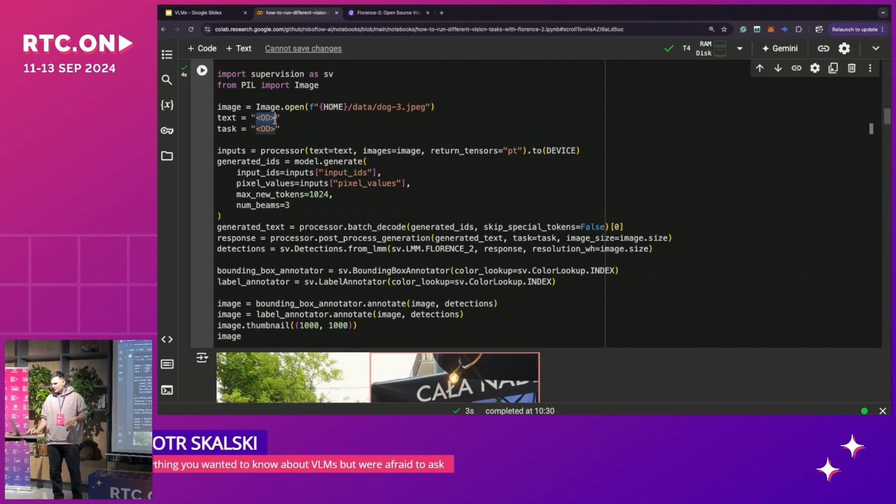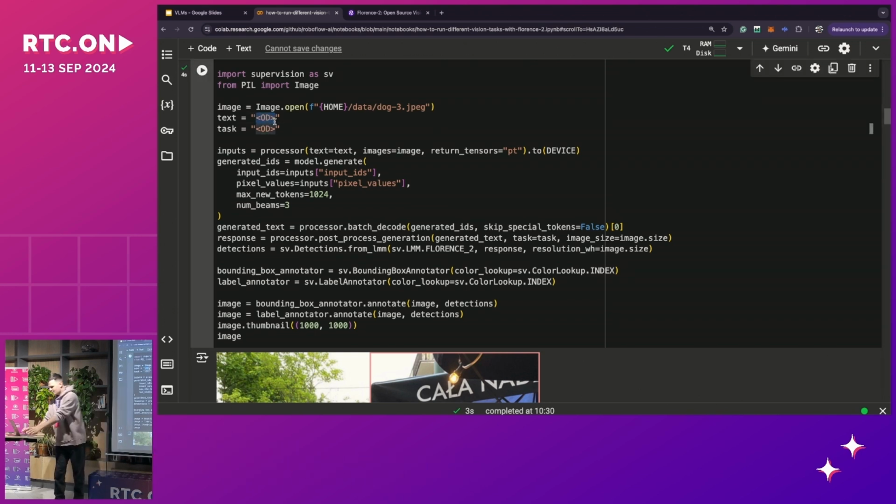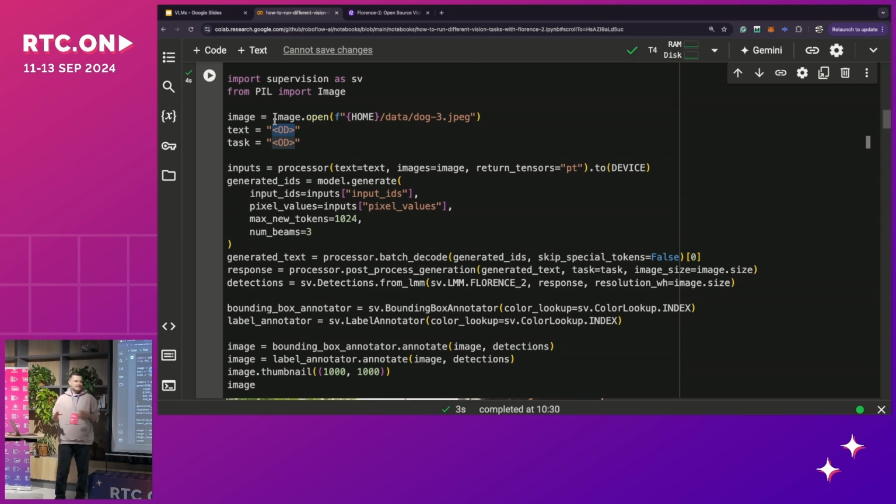So to communicate with Florence II, you have this predefined way of naming the tasks that it can execute. This OD is object detection, the only one that uses an abbreviation, which is a little bit inconsistent, but okay.